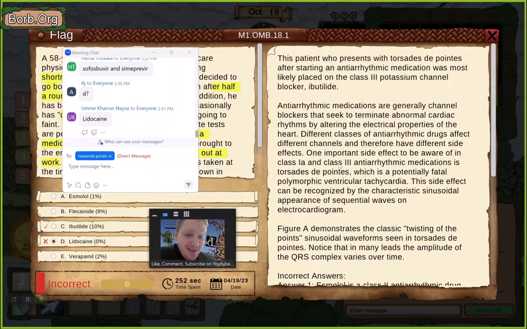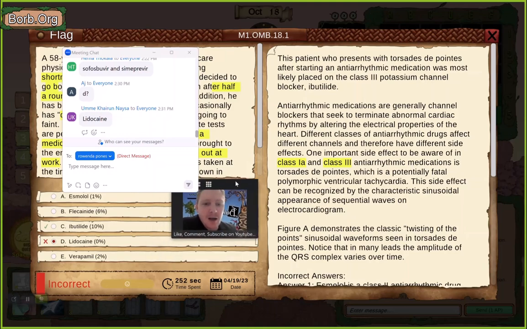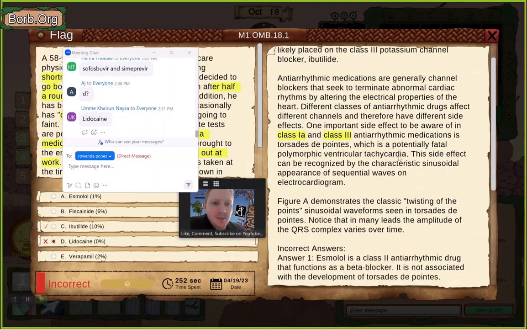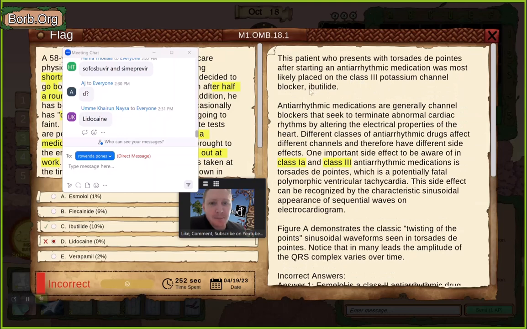It'd be potassium, right? Class 3. Yeah. And so you have side effects with 1A and class 3 antiarrhythmic medications because 1A tend to also have potassium channel blocking. So ibutilide falls in this category.